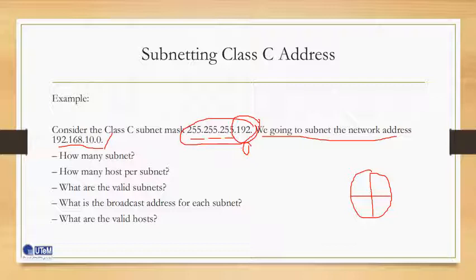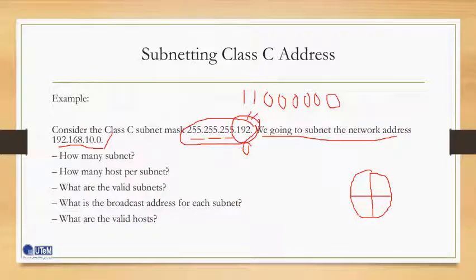We have 8, 16, 24. 192 is equal to 11000000, because 128 plus 64 is 192, followed by six zeros.